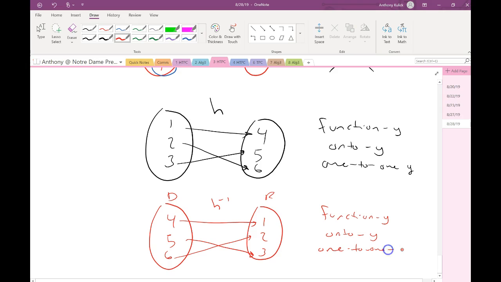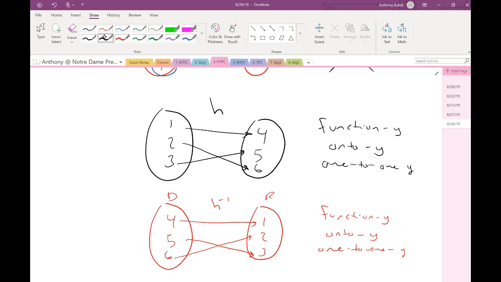Yes. So hopefully at this point you can see why looking at if something's one-to-one and onto is important for also looking at its inverse, since those are the predictors, or the necessary conditions, I should say, for its inverse to also be a function.